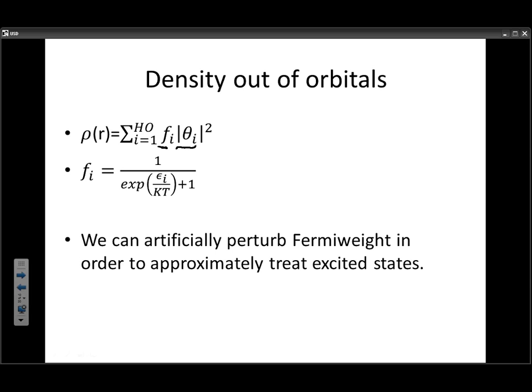F is the Fermi weight. It has a distribution like this.